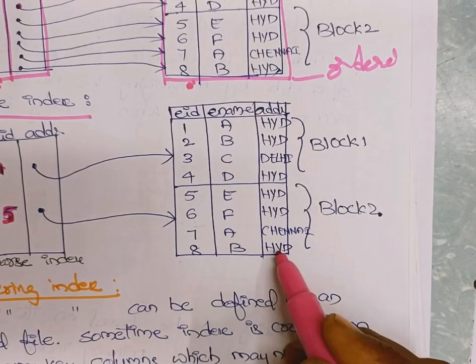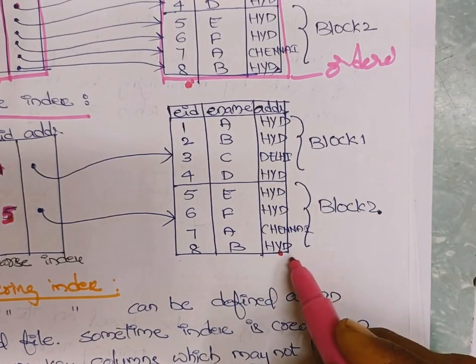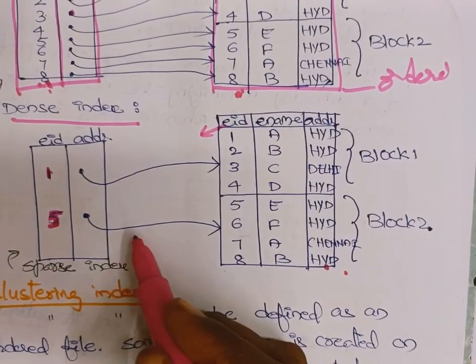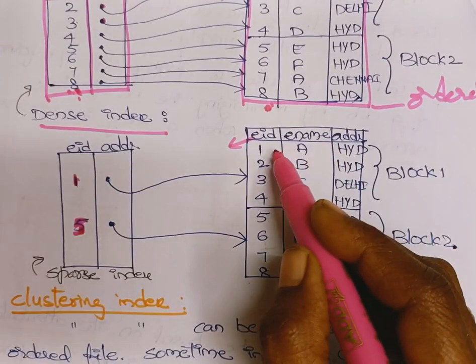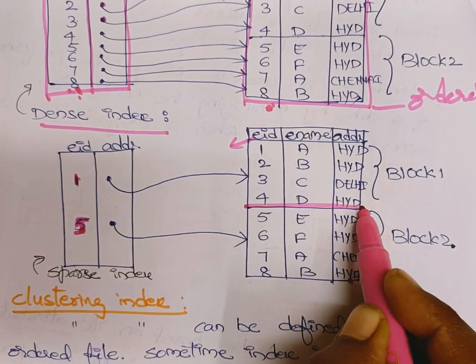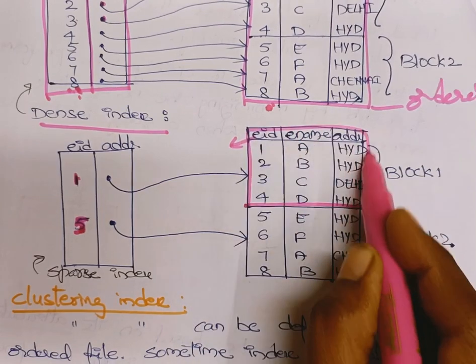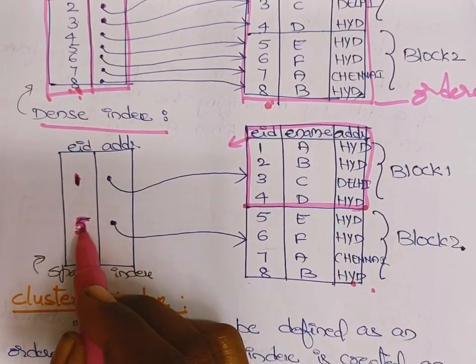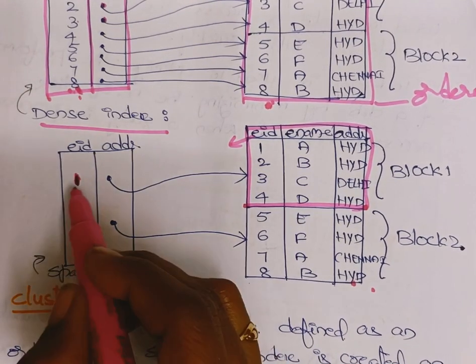Let's consider the same table. This is again an ordered file, and employee ID is the key attribute. Here, instead of maintaining an index for each and every record, for one block of records we consider one index. So here I am considering 1 and 5 as index entries.